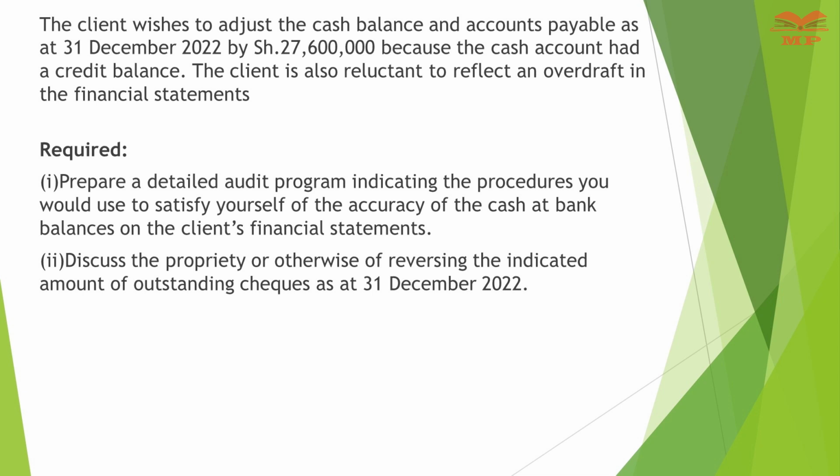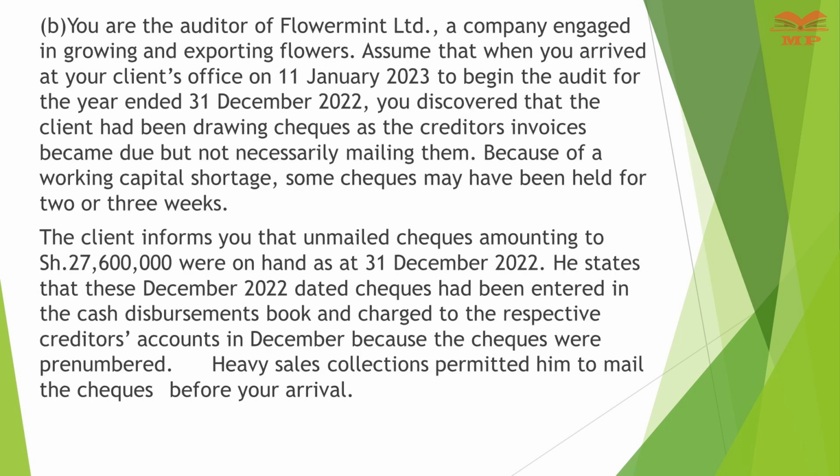The client informs you that unmailed checks were on hand as at 31st December 2022. He said that these December 2022 dated checks had been entered in the cash disbursements book and charged to the respective creditors in December because the checks were pre-numbered.